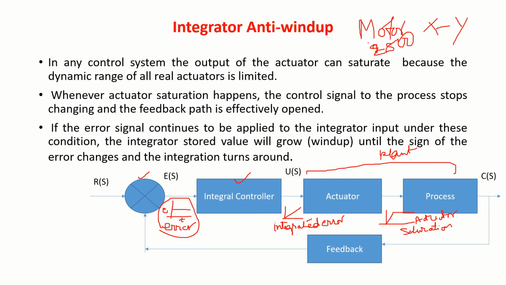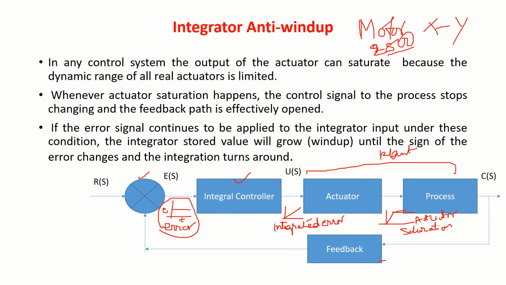So if the error is building up linearly, the speed should keep on increasing. But beyond this point, the motor cannot run. It is a physical limitation. Then we say the actuator is saturated. So this is the kind of case.